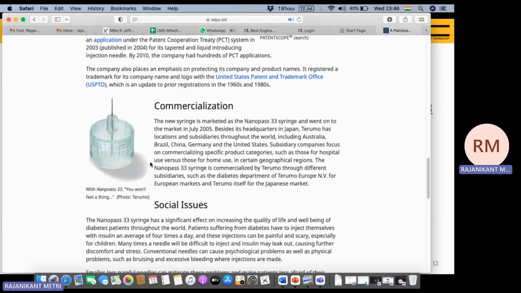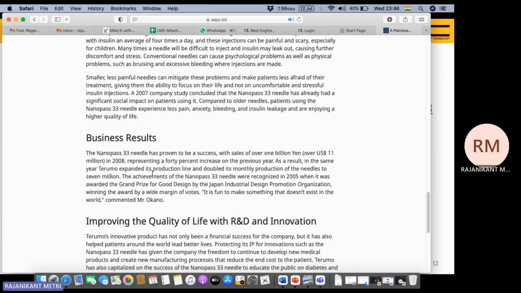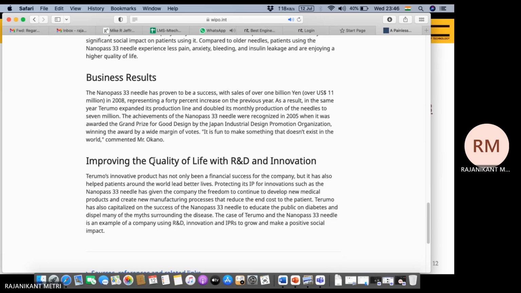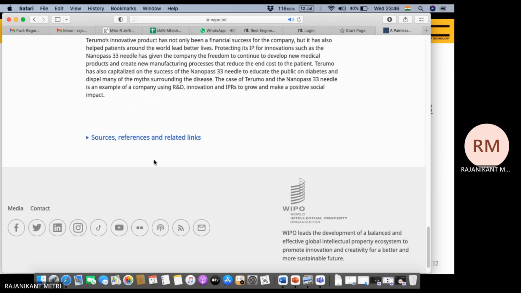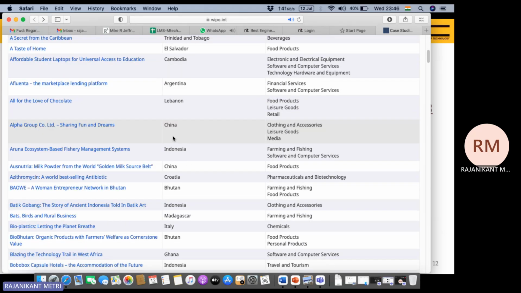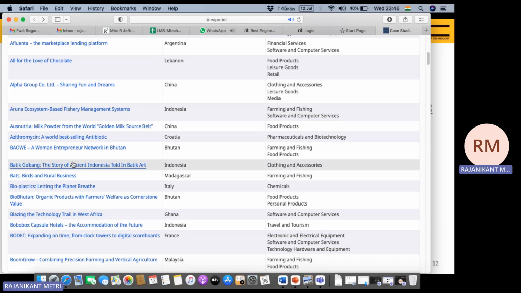Then how they commercialized it, the social issues, and business results, all are given here. So all these are different case studies.